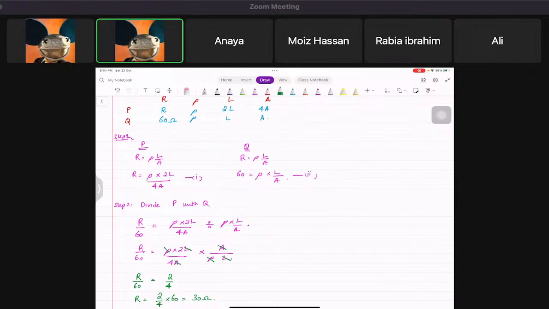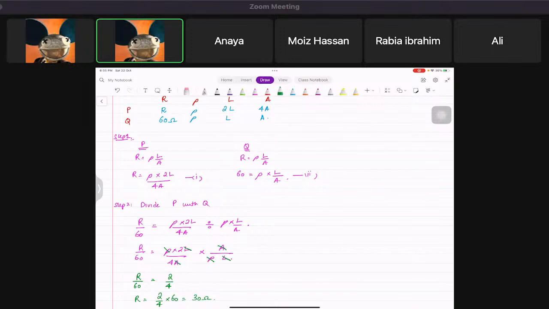If you need to find the resistance of P, you say 2 times length means the resistance will be twice, and 4 times area means it will be a quarter. So 2 upon 4 is half of the resistance of Q. So half of 60 is 30 in this case. Though it's faster, it can also cause you certain problems, so don't do that.